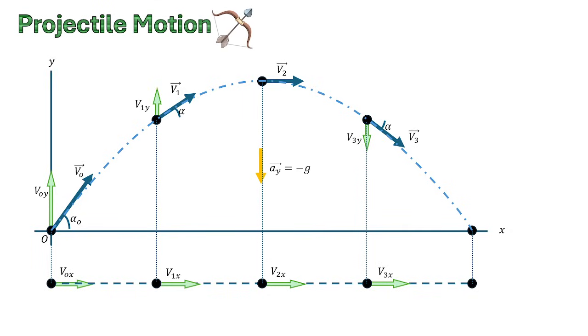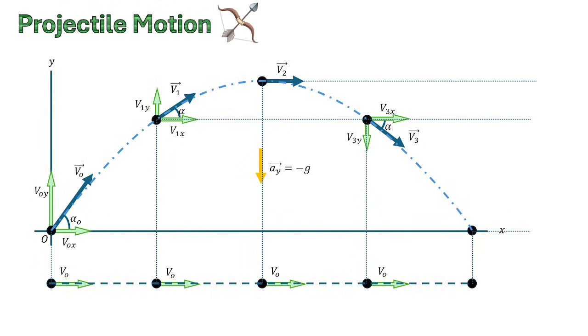As you can see, V0x, V1x, V2x, and V3x have the same lengths. This means that the velocity in the x direction from the start is equal all throughout the time of flight of our object. Now let's move on to the motion in the y for our projectile motion.